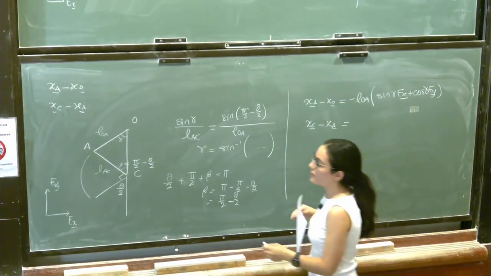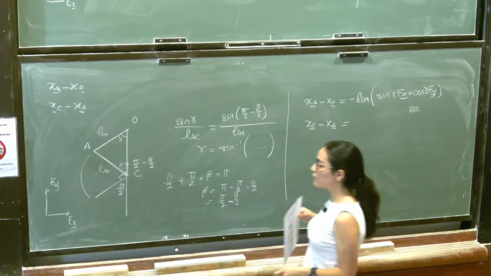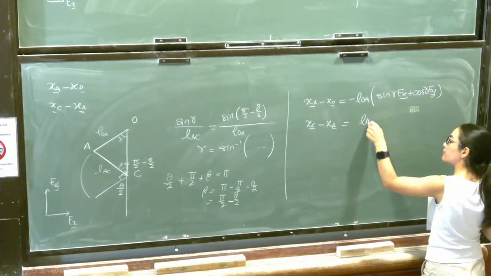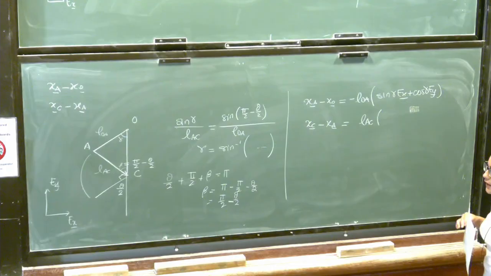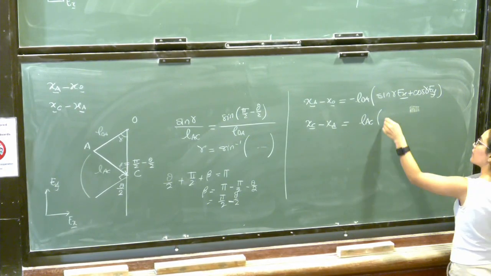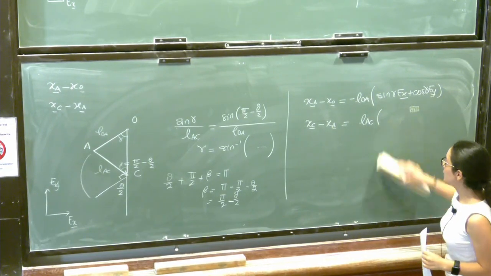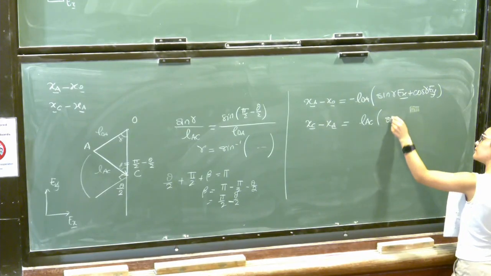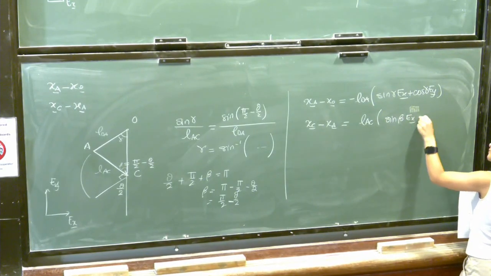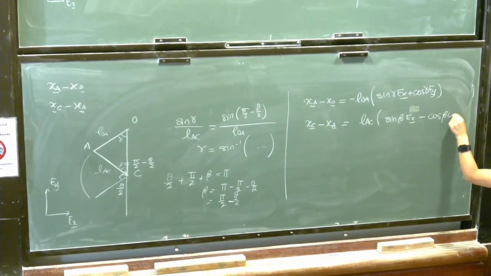XC minus XA is this vector, which is equal to LAC positive EX, so cosine beta, and then EY, sine beta EX minus cosine beta EY. Is that correct?